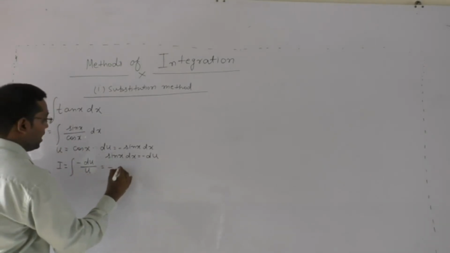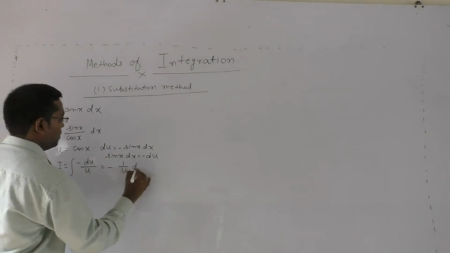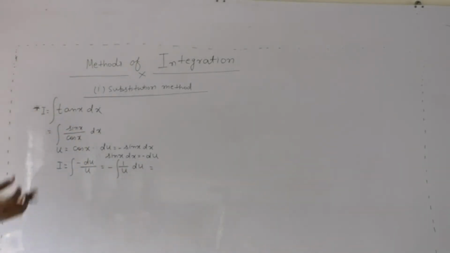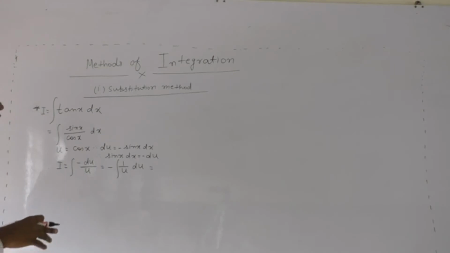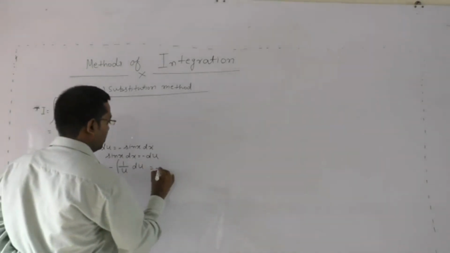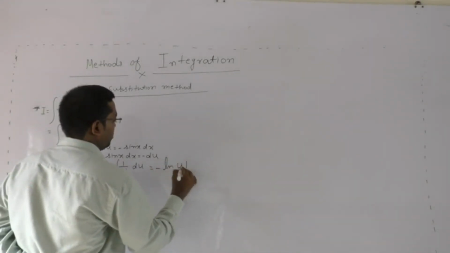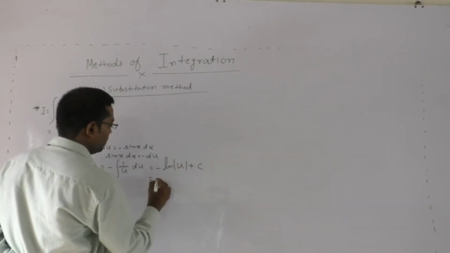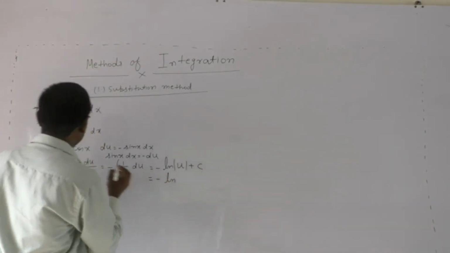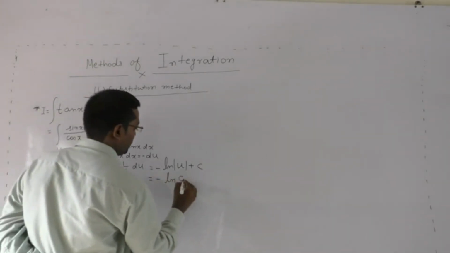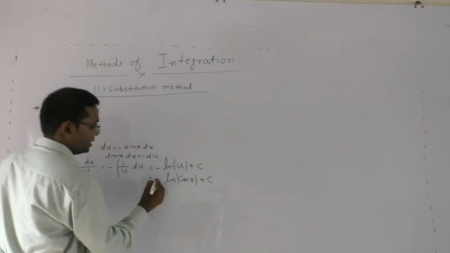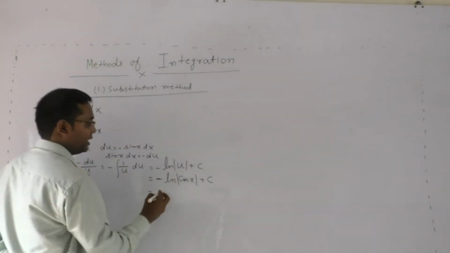So we can write minus integration of 1 by u du, as the log x differentiation is 1 by x, so the integration of 1 by x will be log x. So minus ln mod of u plus some integral constant. So just put the value of u, here cos x, so we can write minus ln mod cos x plus c. Now this is minus sign, so it will get multiplied in the logarithm.